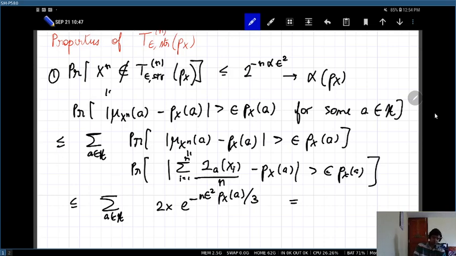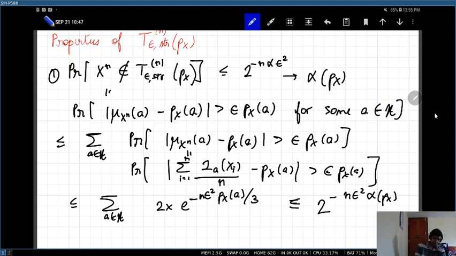So you can write this as less than or equal to 2 to the minus n epsilon square alpha of px for some suitable function alpha.